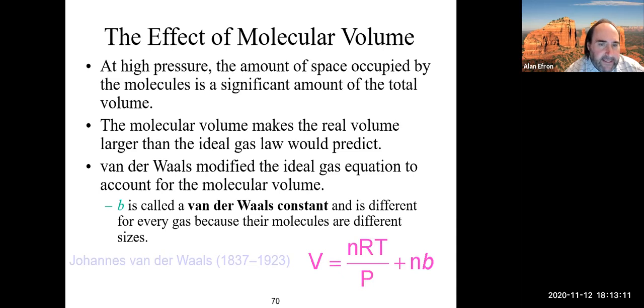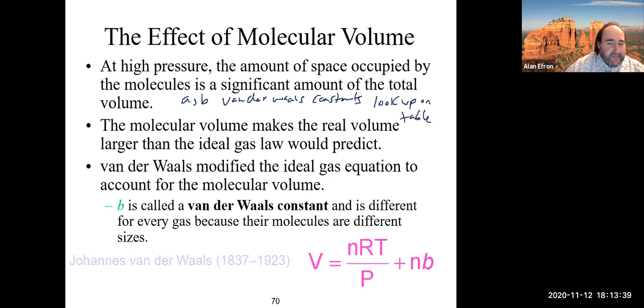And basically what he did was he took the ideal gas law and made some correction values to it. They're sometimes referred to as van der Waals constants, and they're a and b. And you typically look these up on a table.